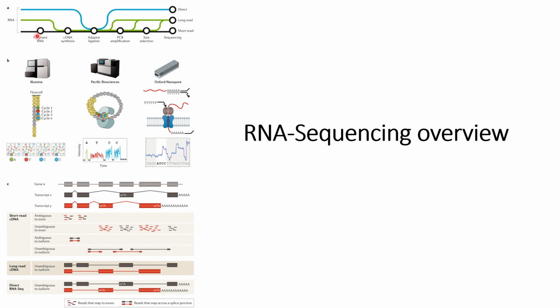The black line represents the short read RNA, and the green line represents the long read RNA. In the short read, the RNA is converted into small fragments, whereas in the long read the RNA is not converted into fragments, and the whole RNA's complementary DNA is synthesized and then further processed for sequencing.